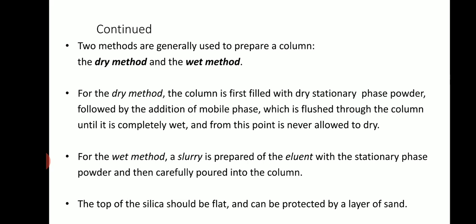For the wet method, a slurry is prepared of the eluent with the stationary phase powder and then carefully poured into the column. The top of the silica should be flat and can be protected by a layer of sand.